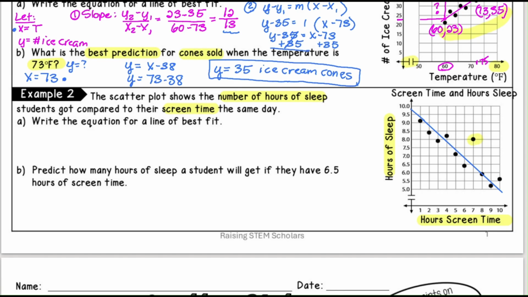I somewhat ignored it when I made my line because I went with the general trend. When we do this with the calculator, it'll take those into account. So the line that you draw may be slightly different than the line that I draw because this is freehanding and it's prone to human error. I could probably draw that a little better. I could probably pick a better one. Let me see.